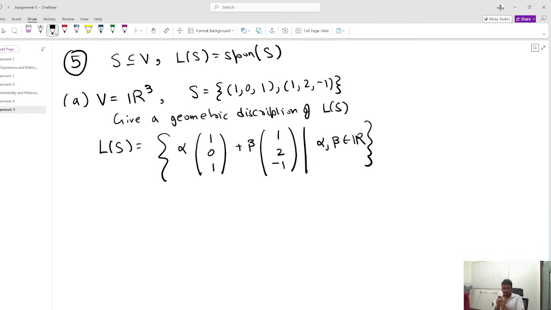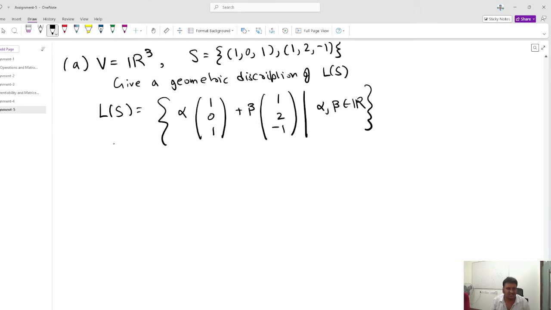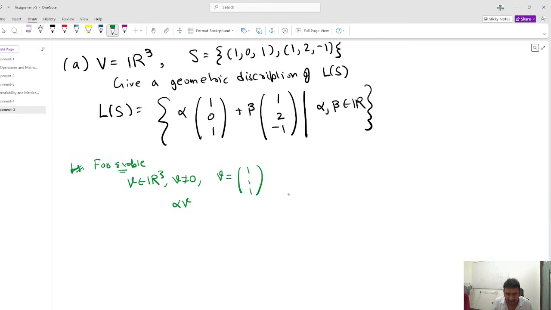Now, the thing is, if you see what exactly it is, you have to give the geometric description of this. Just think about it, for example, if you just have a single vector, some v in R3, such that v is non-zero. Say in particular take (1, 1, 1). So what is alpha v actually?